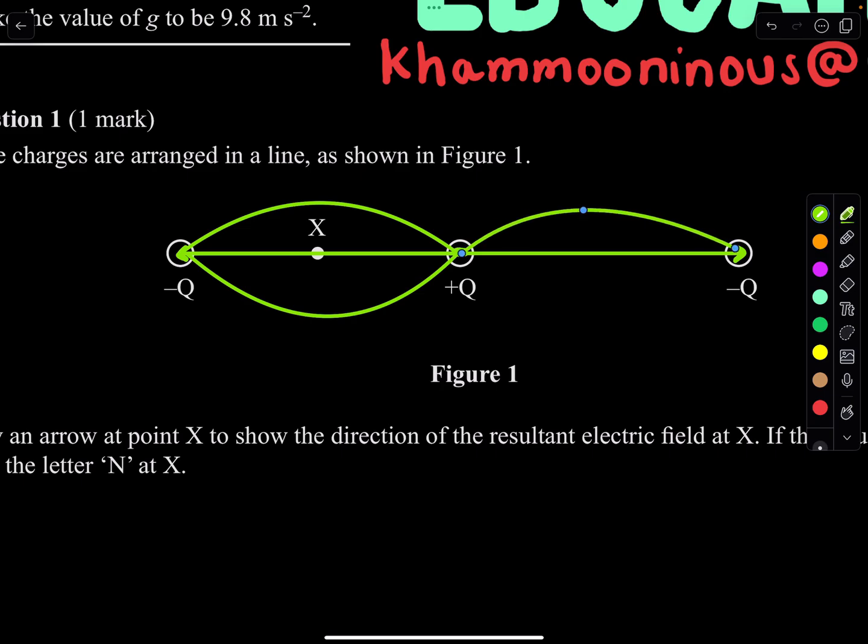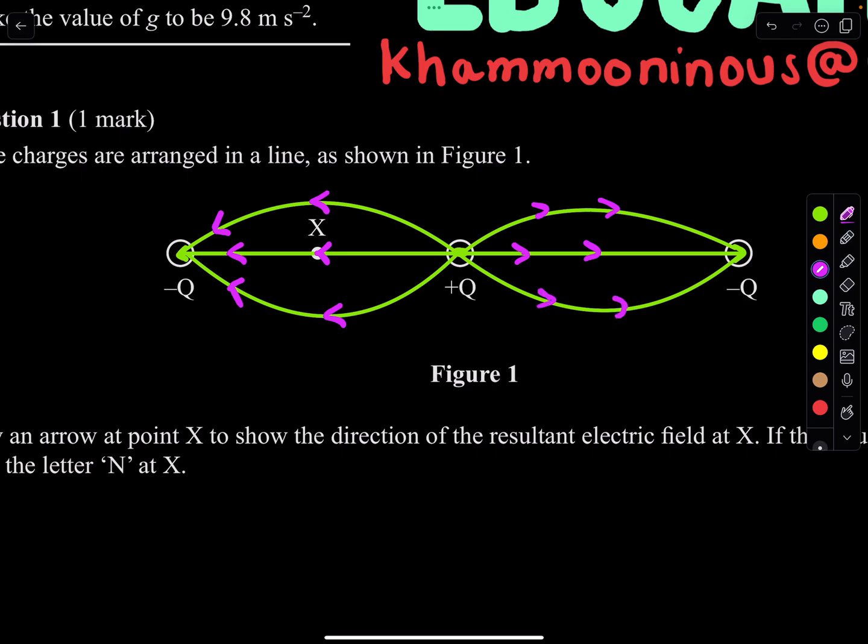We can represent them like this, a nice representation of how they would look, where the arrows are going from the positive to the negatives. For example, this one's going to go this way. This one's going to go this way. This one, where the negative takes in that charge, like that. Whereas this one's going to go this way.